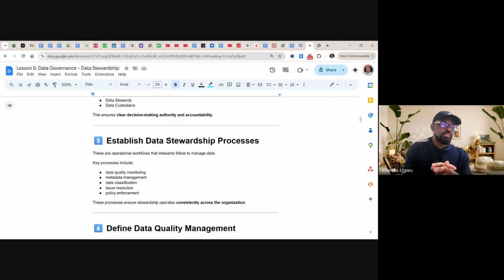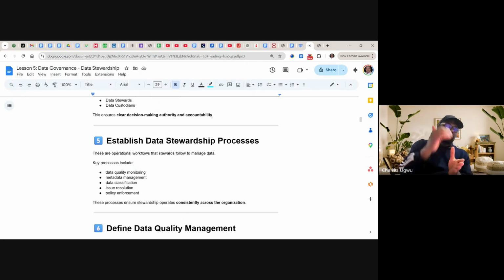The processes include data quality monitoring, metadata management, data classification, issue resolution, and policy enforcement. We've handled all of these. I don't think you'd say you don't know what data quality is, or metadata, or data classification, or issue resolution. So we've handled them.